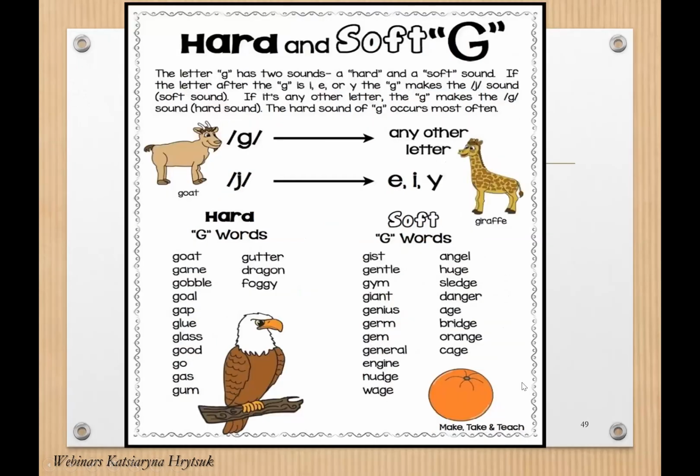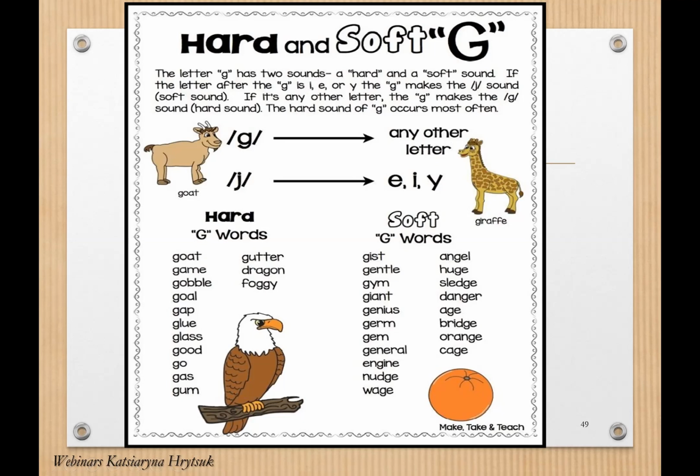Good. Next one, Zhenya. Hard and soft G. Please, hard when we read G. Remember, G, goat. Any other letters after, it's G. Goat, game. Let's go.